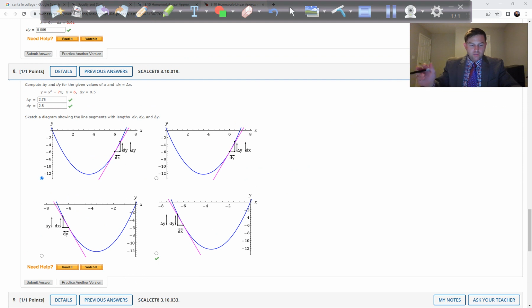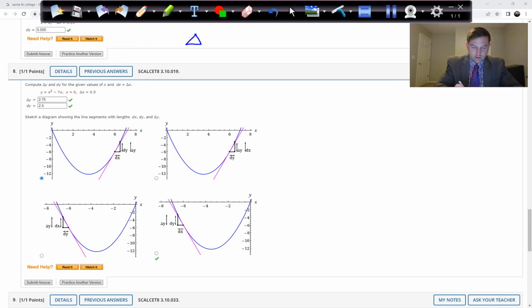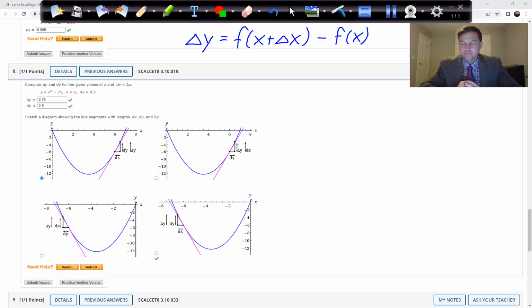Okay, in problem 8, they want us to do 2 different equations and see how close they are. So there's another way we can do a differential, and that's by saying a change in y is equal to the function evaluated when x is increased by a small amount, minus the original function, f of x.